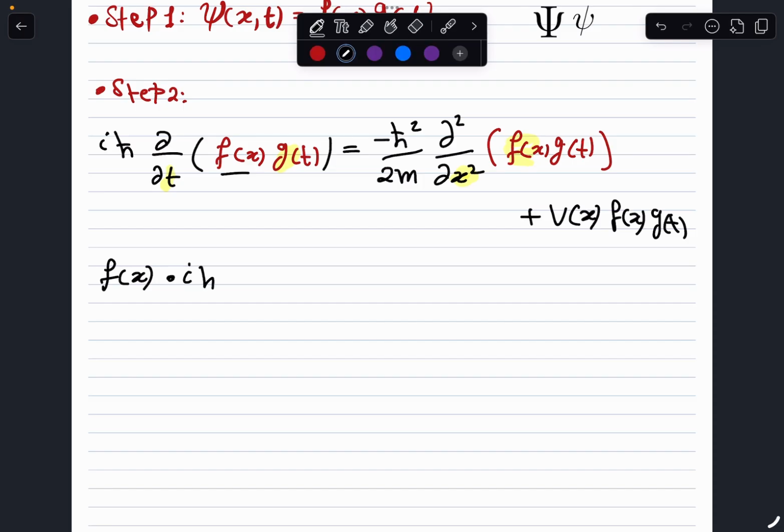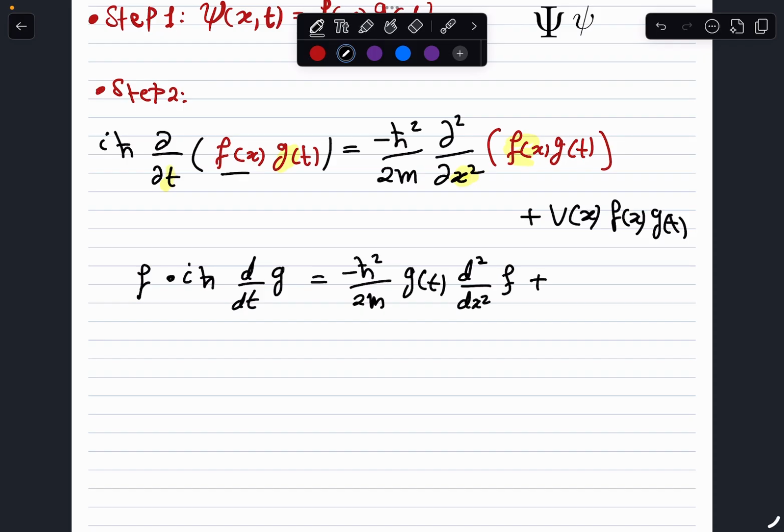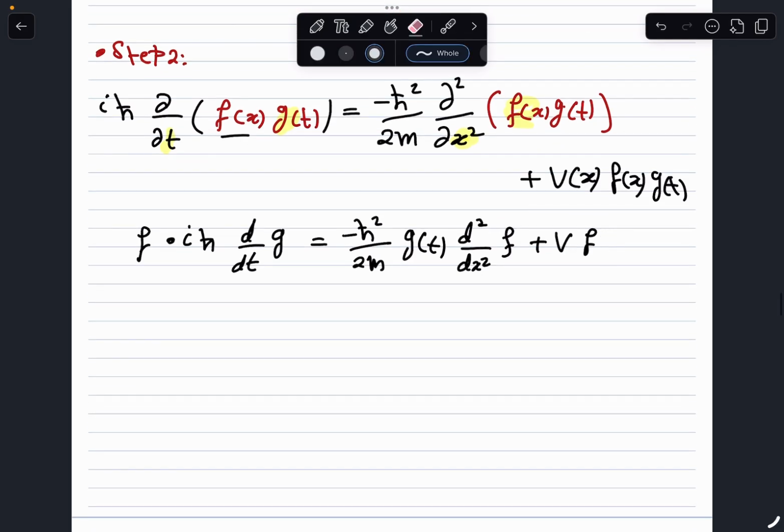Now the partial derivative becomes an ordinary derivative because it is applied on a single-variable function, g, equal to minus h bar squared over 2m. On the right side we take g of t outside, and it will be the ordinary second derivative of f, plus the potential v times f.